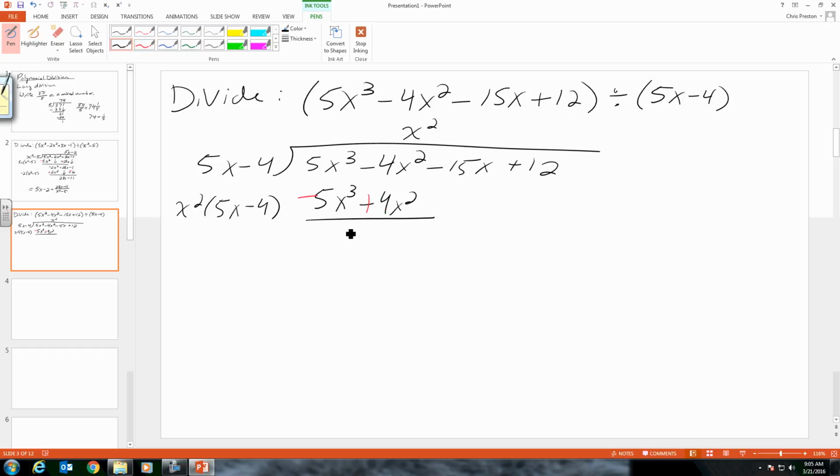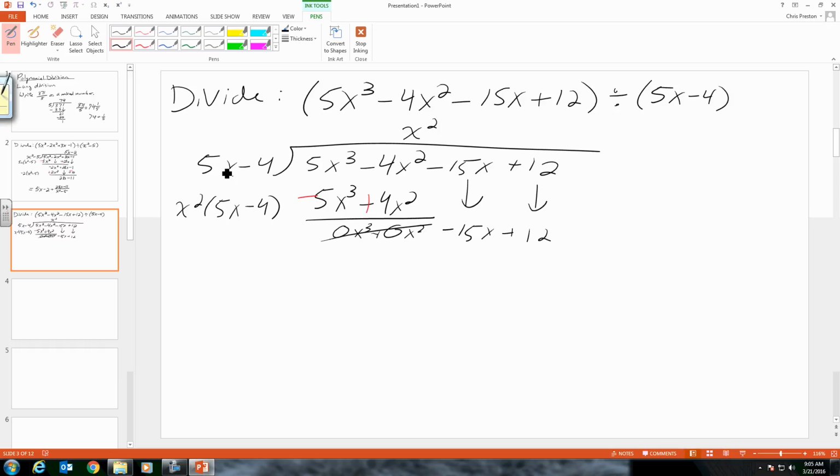And those all cancel out. We get zeros and zeros, okay. So they're gone. So what do I do? Well, I bring down the next two terms. Normally I bring down one term, but because all of this came out to be 0, and I'm working with two terms in my divisor, I'm going to need two terms here.